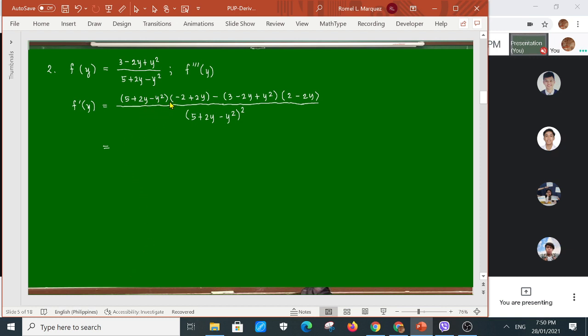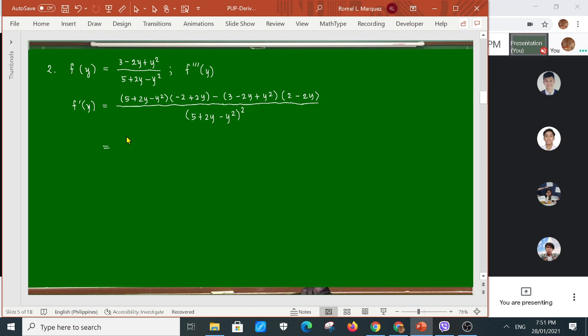No? Let's simplify this. So, what is common, children, here? There's no common, no? Because negative 2 plus 2y, and this is 2 minus 2y. But there is actually a common factor. If I factor out 2y minus 2 here, this one is 2 minus 2y.